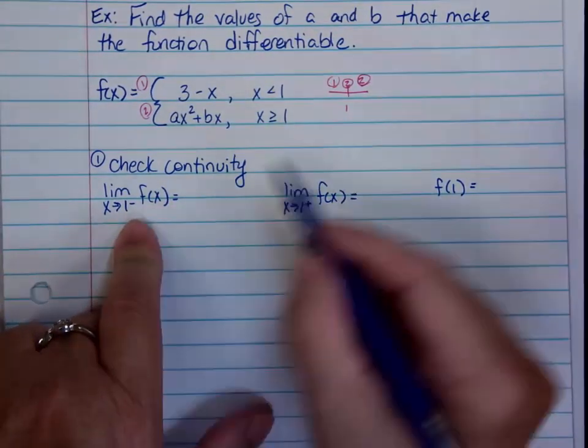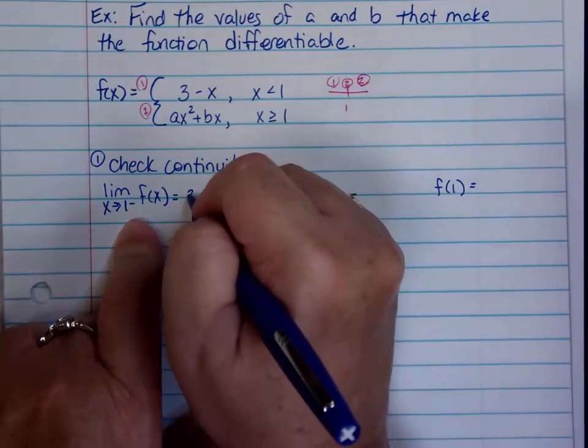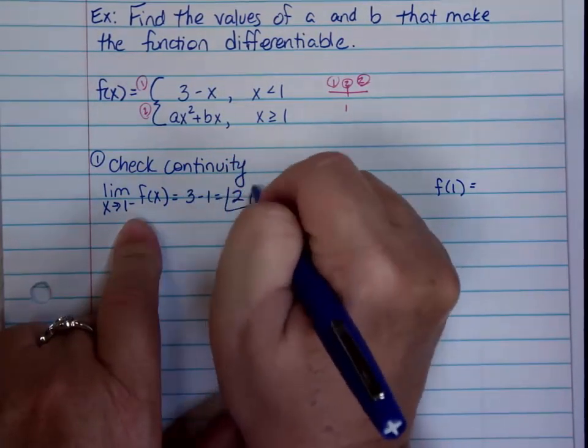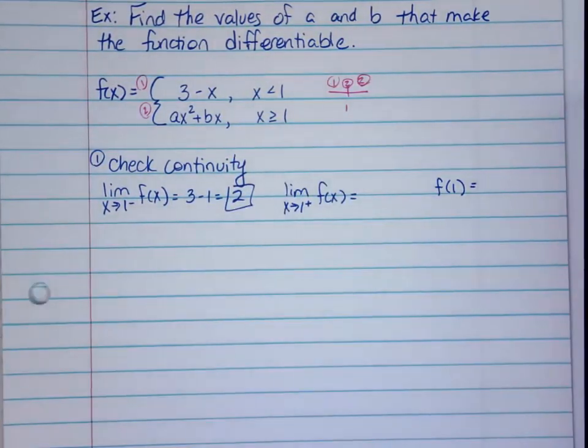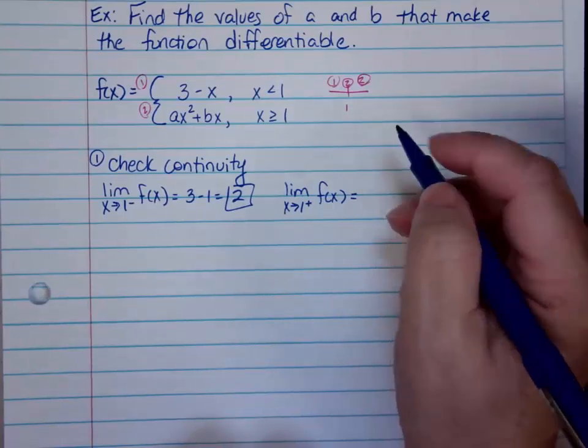So if I plug 1 into the first equation, I get 3 minus 1, which is 2. Okay, that was easy. Be careful with the right-hand limit. What am I plugging 1 in for again? x. So what would this one look like after all is said and done? What would it clean up to be? a plus b. That's it.